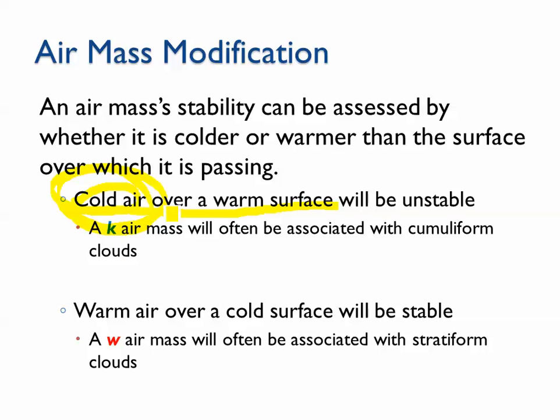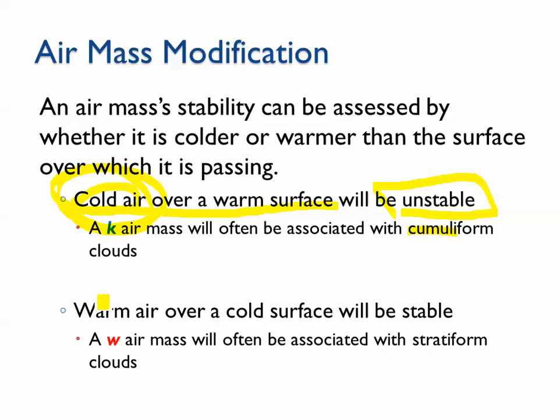What happens with warm air? It's going to rise, and rising air means instability. So a K air mass is cold over a warm surface, warmer than the air, will create cumulus clouds, and we can often have rain associated with thunderstorms even.